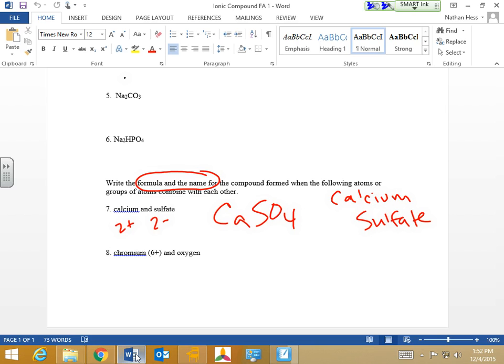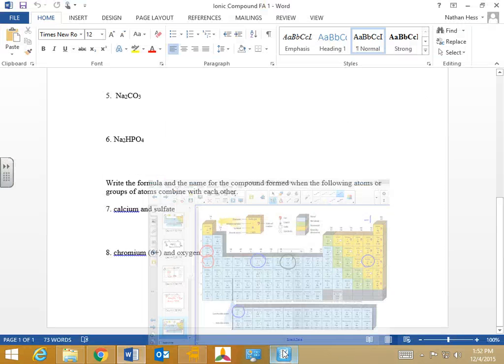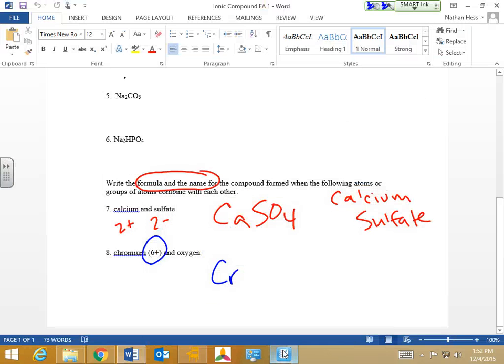Number 8, I gave you chromium. Chromium has the symbol of Cr. And I told you it was a 6+ because chromium, if you look at the periodic table, chromium is right here, and that is a transition element. So therefore, you need to write its Roman numeral when we do the name. Chromium is a 6+.